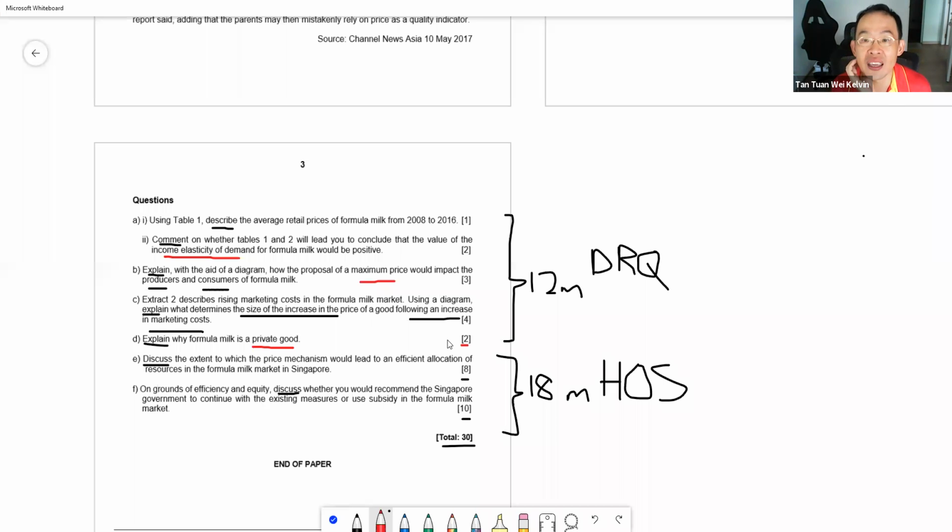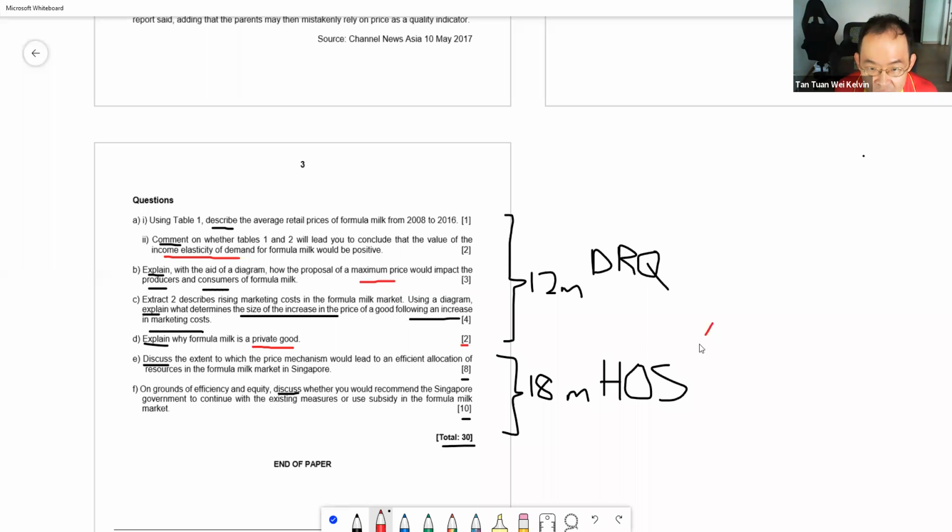So you can say that if you are not willing to pay the price of the milk, the seller can stop you from consuming the good. That's why formula milk is excludable. That's what you mean by explain. Don't just state that it is excludable. You explain what it means. Okay, it's very easy for the seller of formula milk to stop non-payers from consuming the good. So that's what it means for 2 marks.